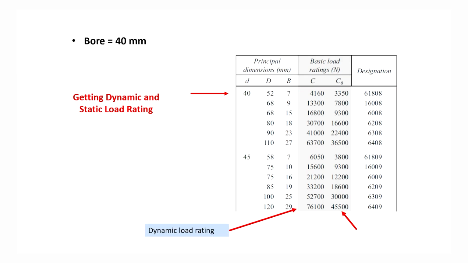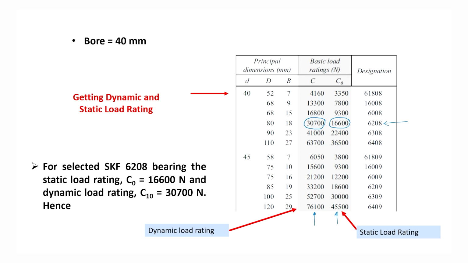We have selected 6208, and so for our case the dynamic load capacity is 30,700 Newton and static load capacity is 16,600 Newton. C0 is this one and C10 is this one. This is sometimes also called C10 or only C.